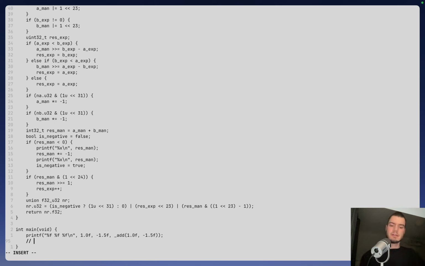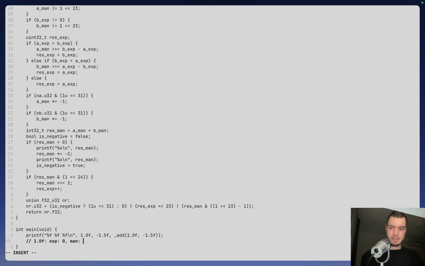Let me write this down. Exponent 0, which means the bit representation is 127 minus the bias of 127, so 0.